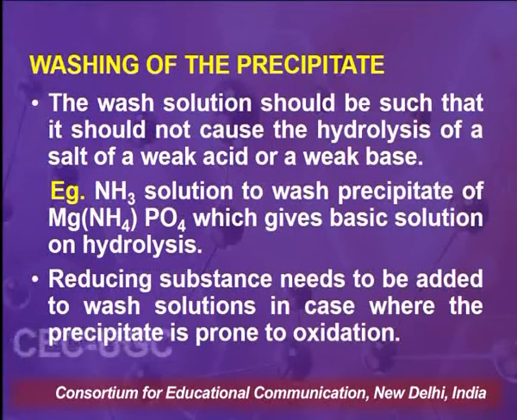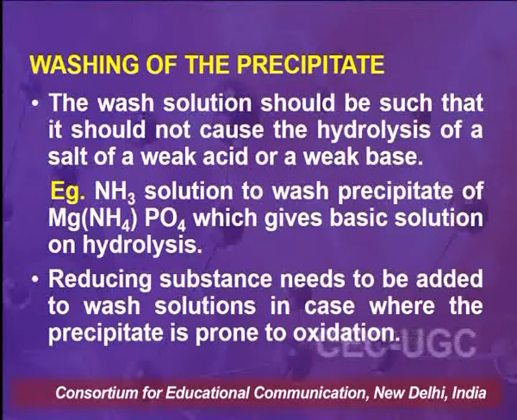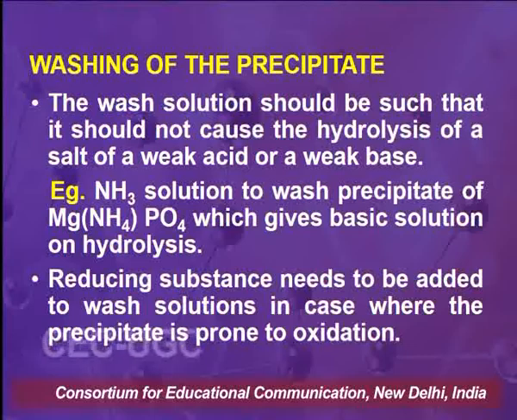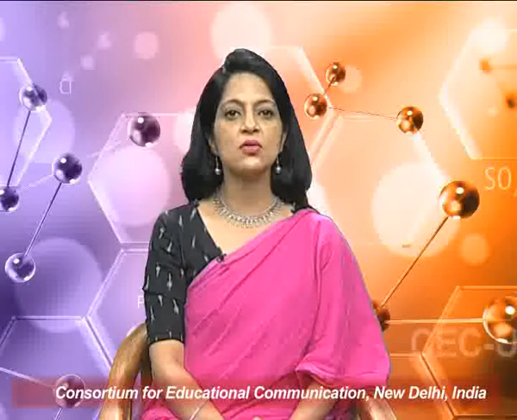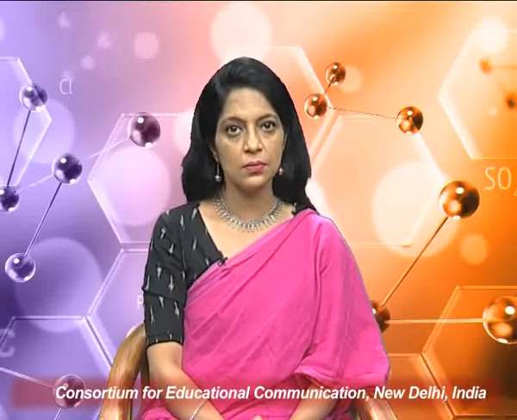The wash solution should be such that it does not cause the hydrolysis of the salt of a weak acid or a weak base. For example, in this case, ammonia solution is used to wash the precipitate of magnesium ammonium phosphate, which gives a basic solution on hydrolysis.